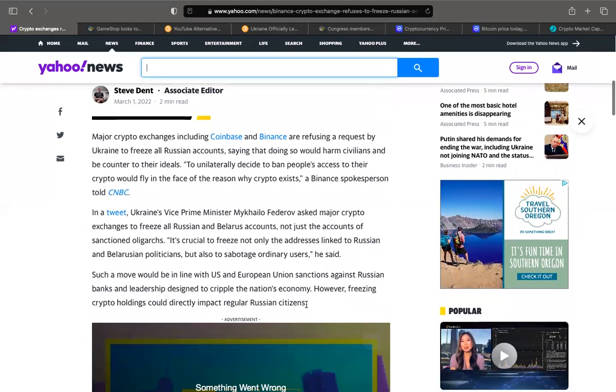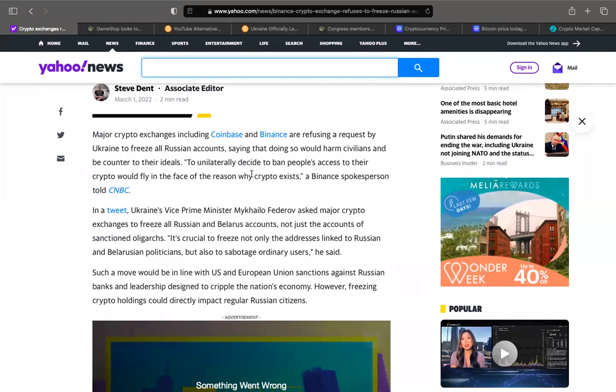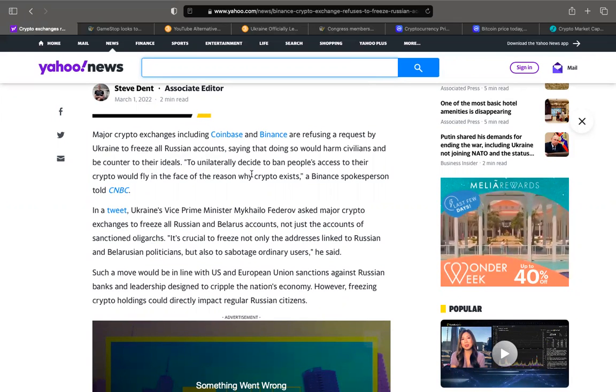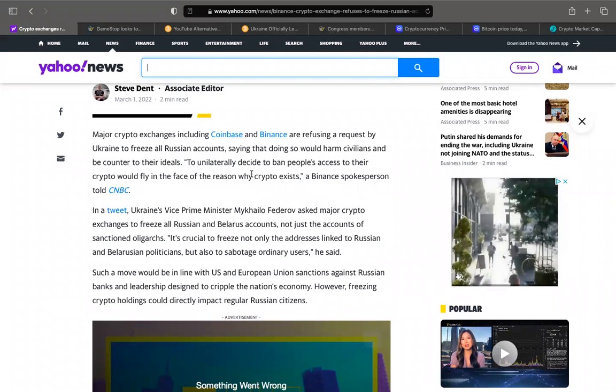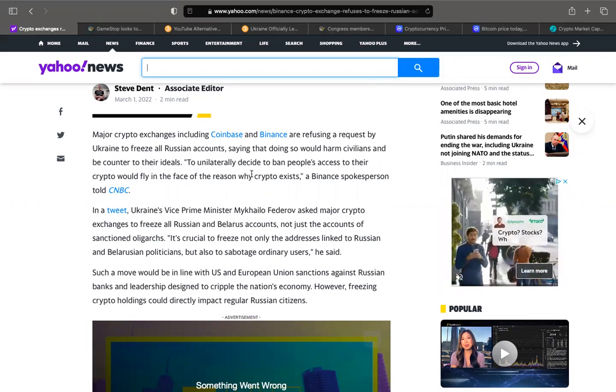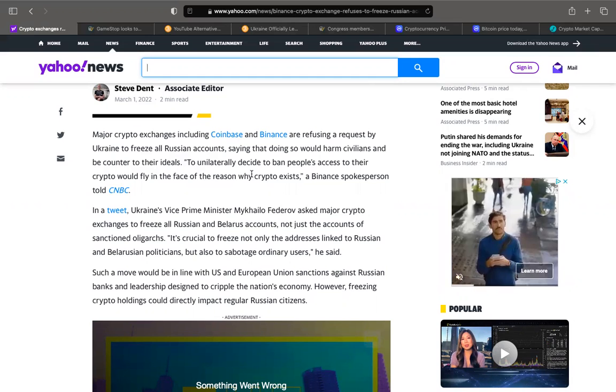Even stating that it goes against all the reasons why crypto exists. Bitcoin is uncorruptible money, and there's just something that doesn't sit well with me about being able to just flip it off. Oh, you don't have access to your money, you can't do anything.